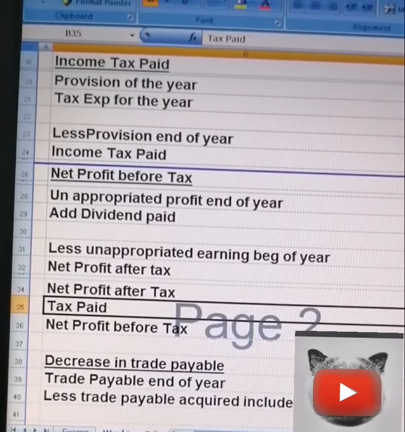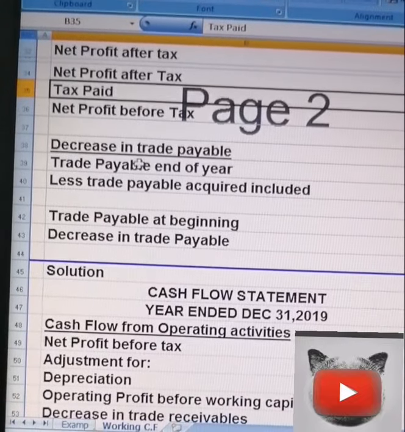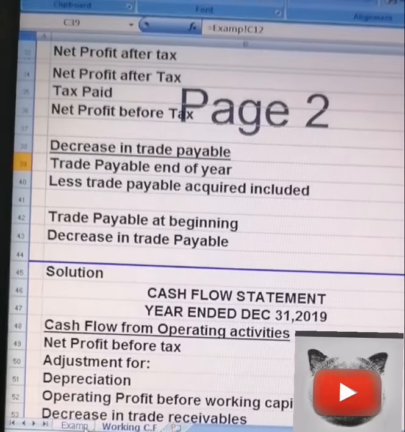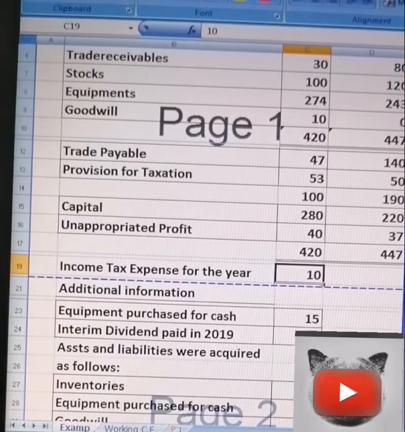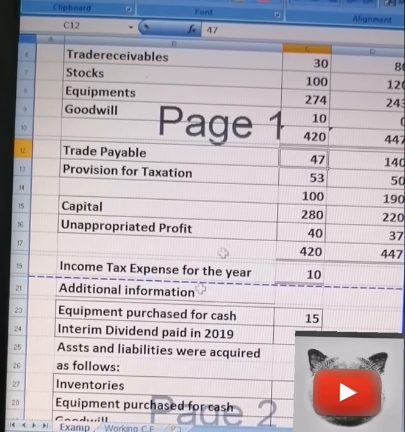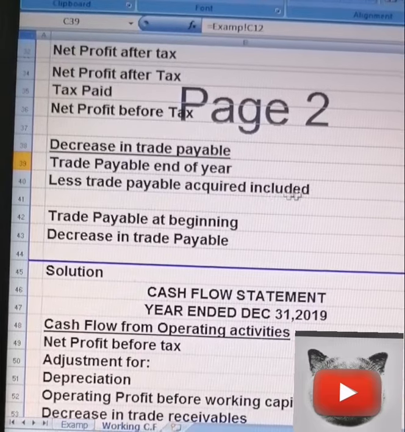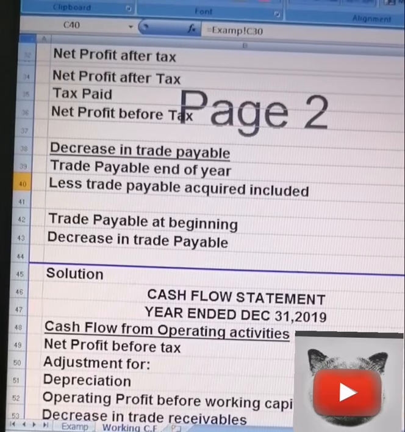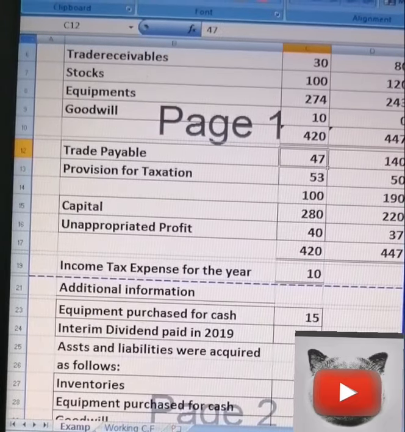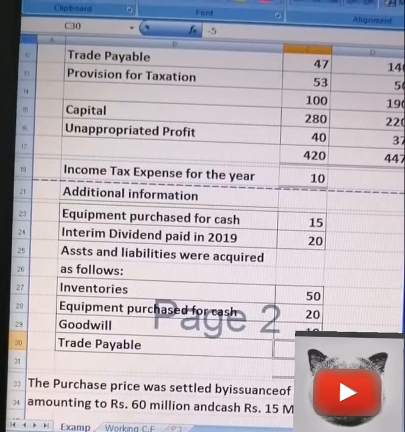So now we come to the decrease in trade payable. Trade payable at the end of the year was 47 million, which was shown here. And trade payable included in this 47 million is 5 million, which is shown in the example here, 5 million.